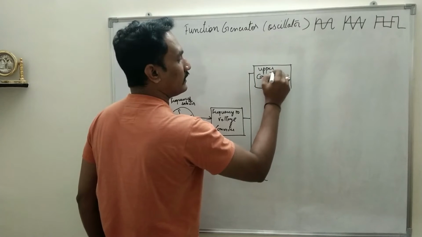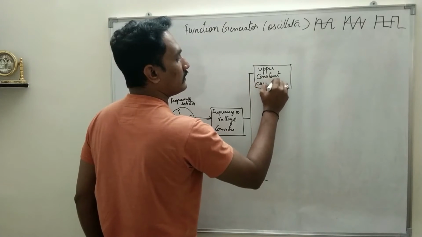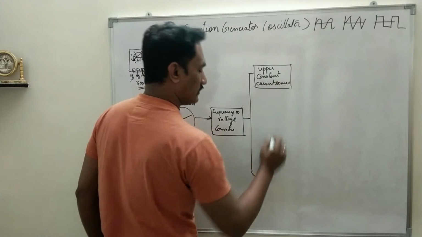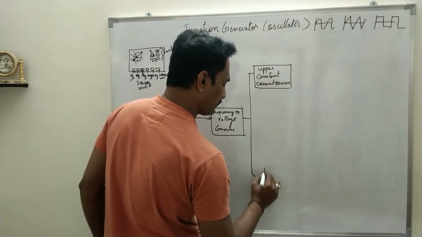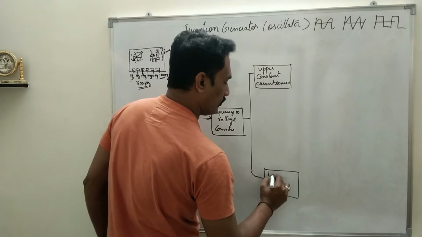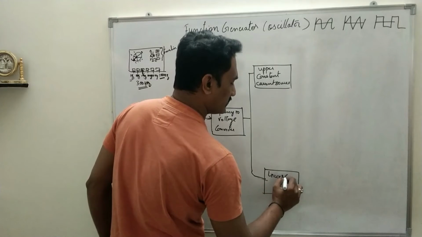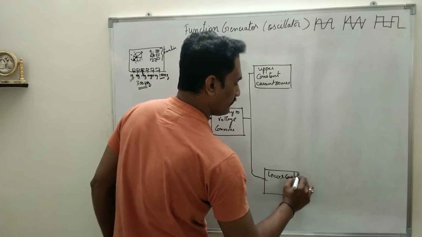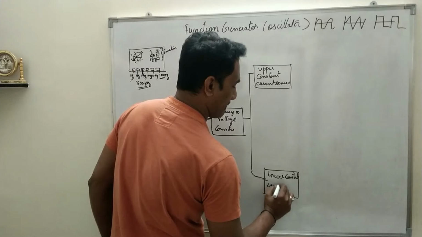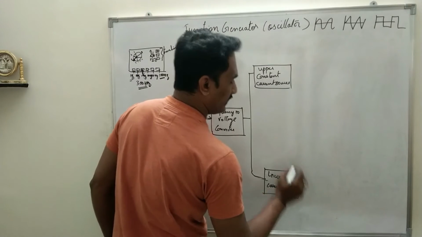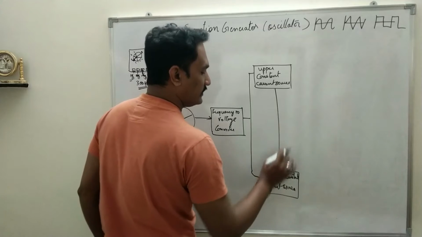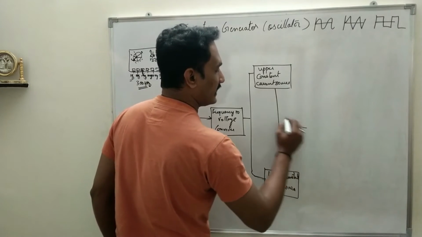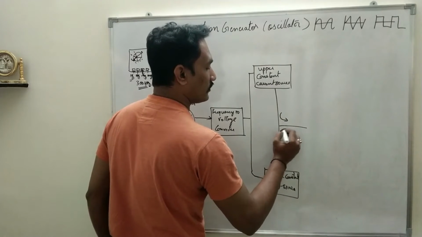constant current source and lower constant current source. The difference between these two is that they are in phase opposition.